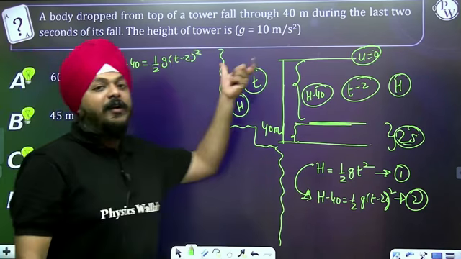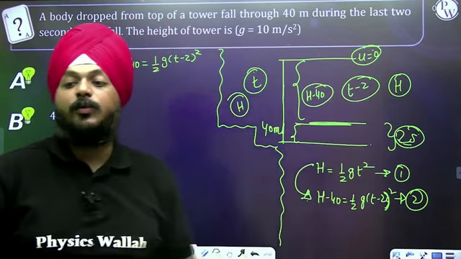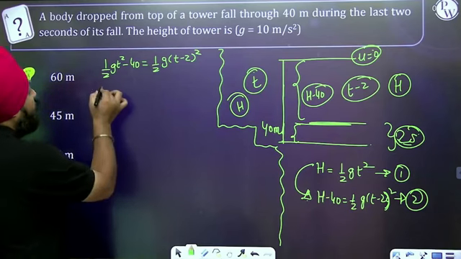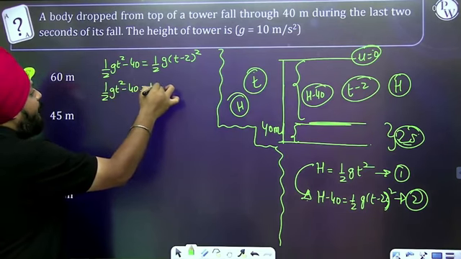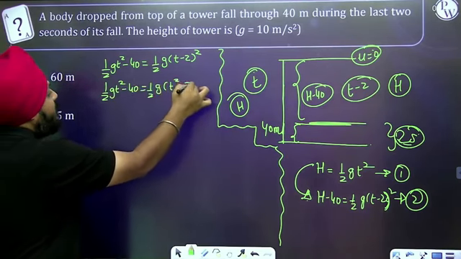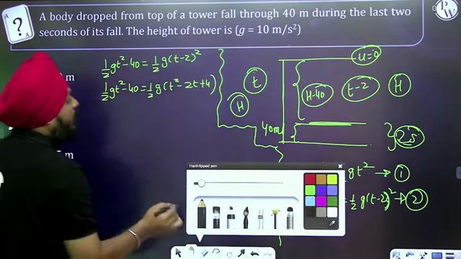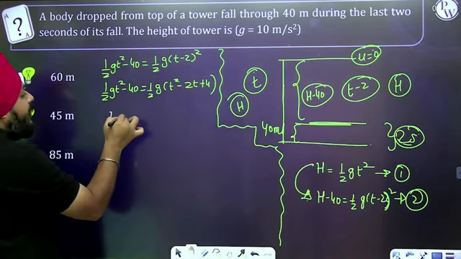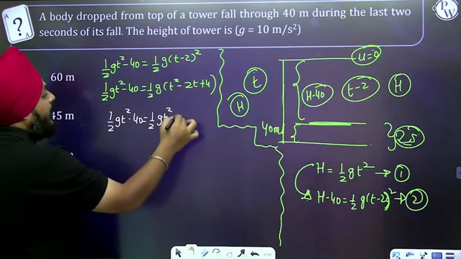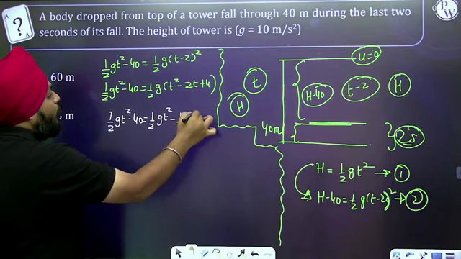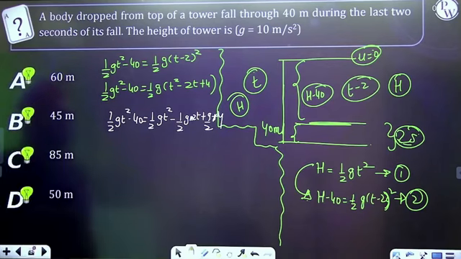From this you are going to get the value of t, and if we get t, immediately we can reach h. So half g t square minus 40 is equal to half g (t square minus 4t plus 4), which is half g t square minus half g into 4t, plus g by 2 into 4.